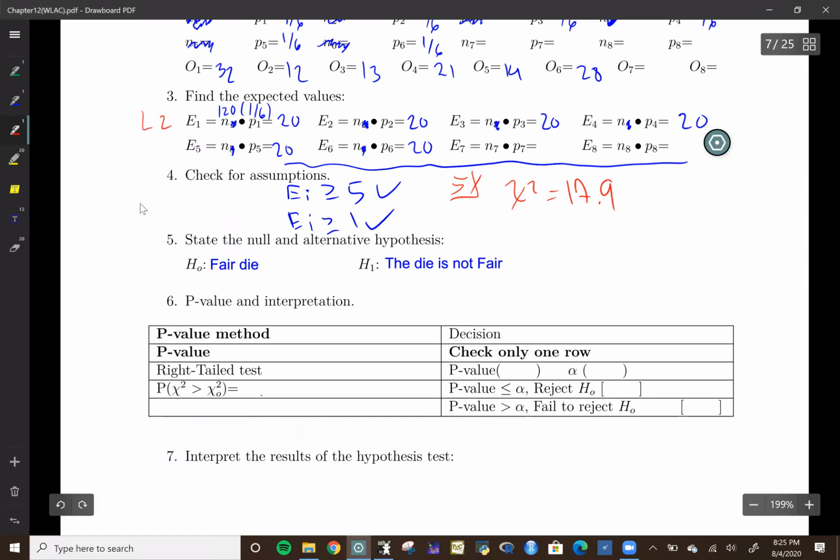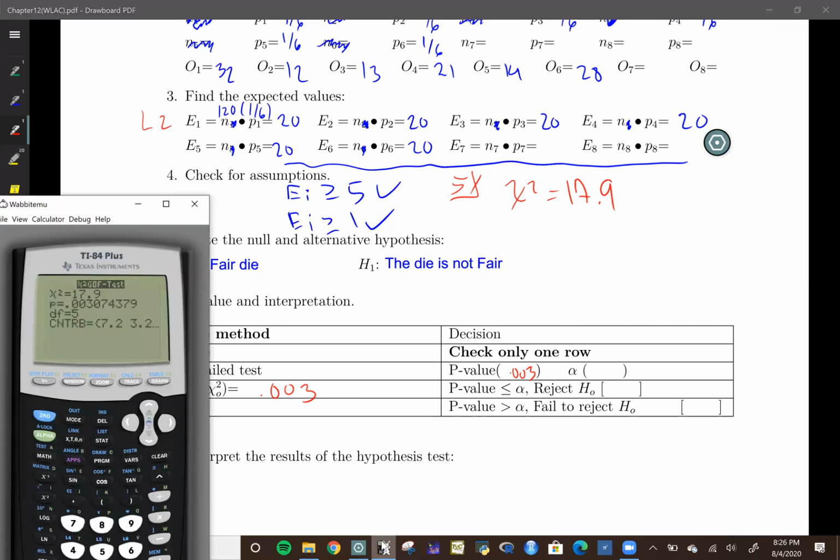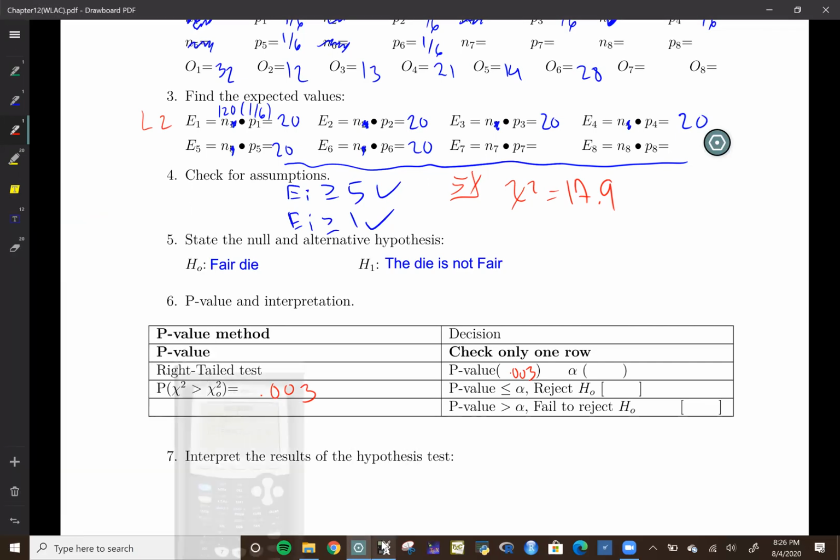So I put 0.003. Did everybody get the 17.9? Or is that wrong? Okay, cool. I saw the question mark, so I started freaking out.